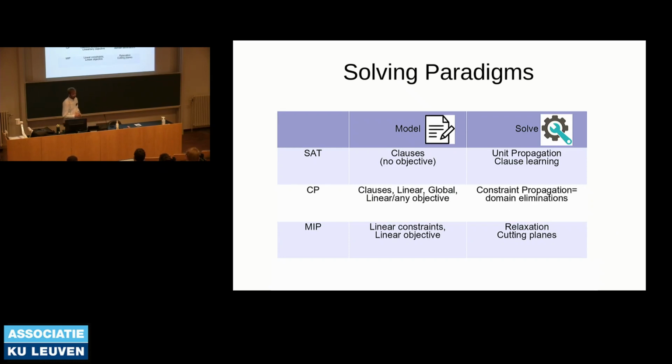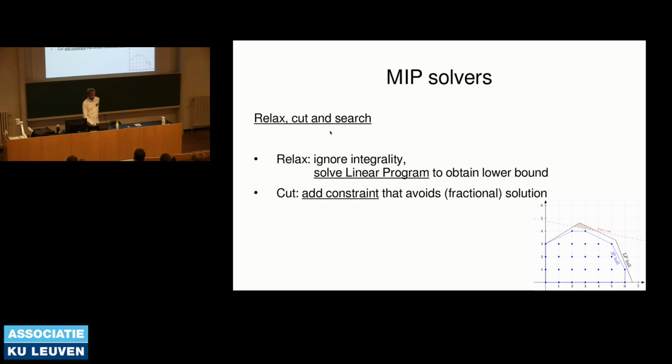MIP solvers, mixed integer programming solvers, again, I'll just quickly touch on their techniques, which is using relaxation and cutting planes. And so a combinatorial optimization problem is typically NP-hard. There's an exponential number of possibilities that you need to verify in the worst case. So what it does is it relaxes this problem consisting of linear constraints over integer or mixed integer variables.